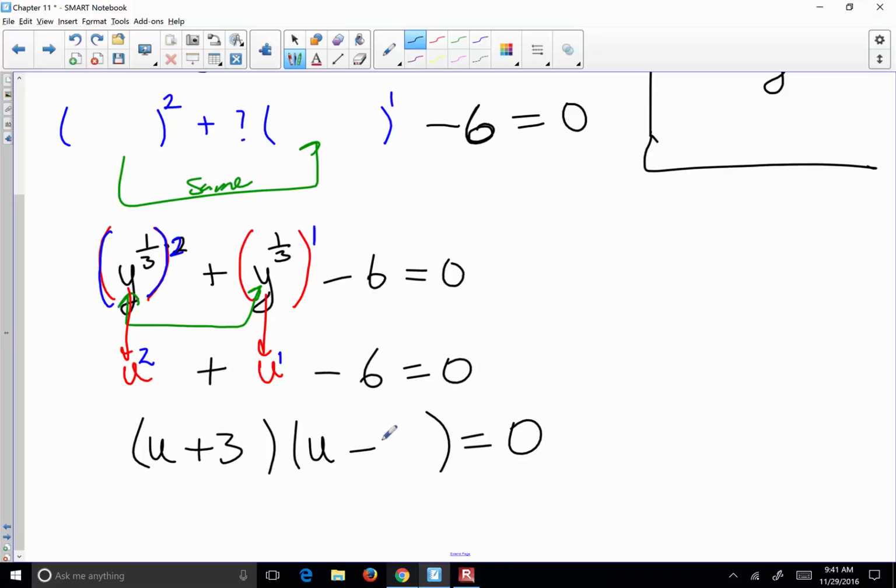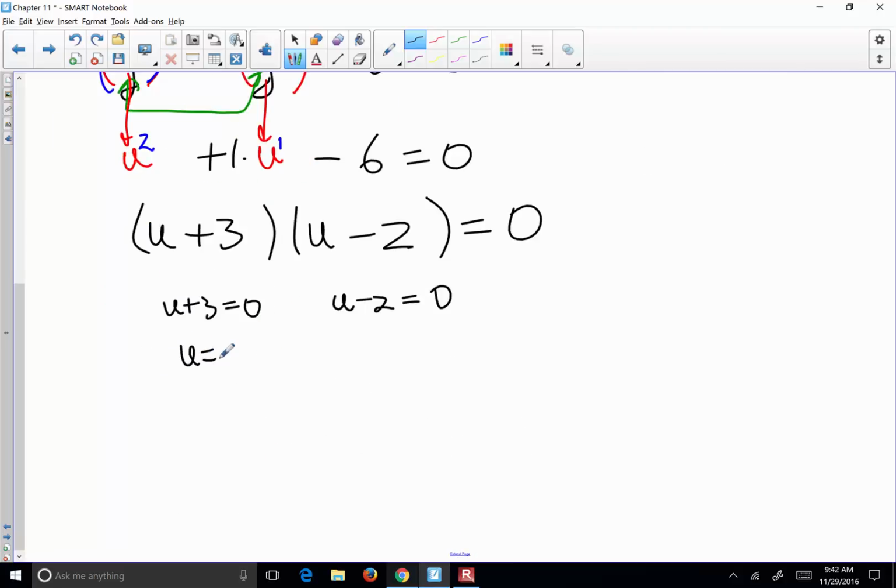Plus 3 minus 2. 6 breaks into 3 and 2. When you add them, they make positive 1u. Perfect. So we can solve them then. Oh, I need to first set them equal to 0. And we get u is minus 3 and u is 2. Put them in a box.